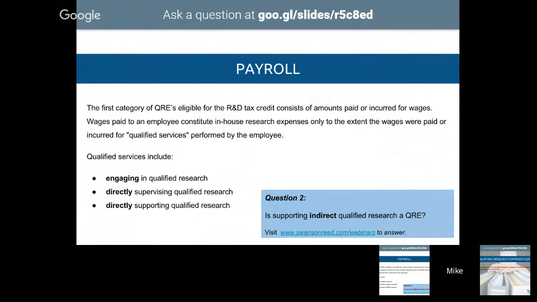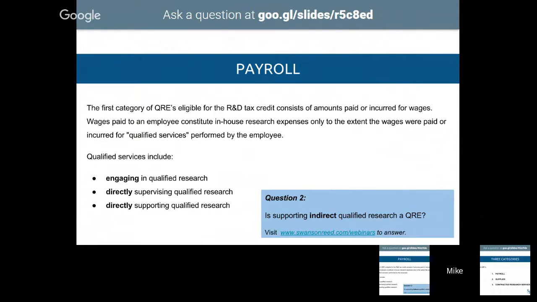Could also count the payroll of people who directly supervise the people who are doing the research. That's first line supervisors. Cannot be a division manager or the plant CEO, because chances are they don't do direct supervising. And then also people who directly support the qualified research, say a laboratory that is validating results as you go along.